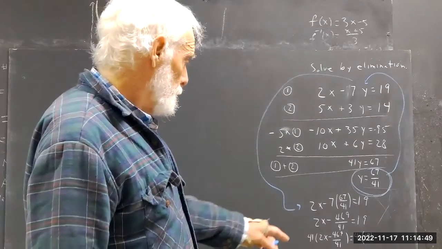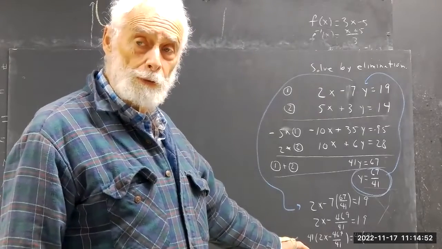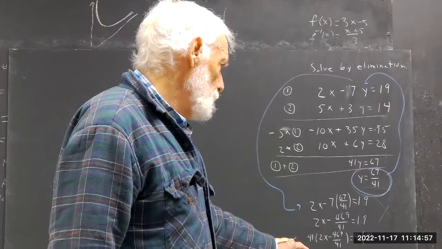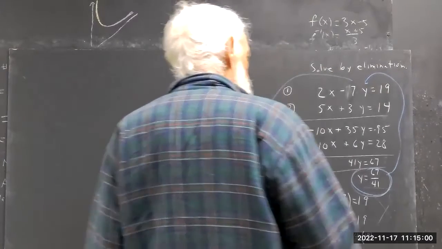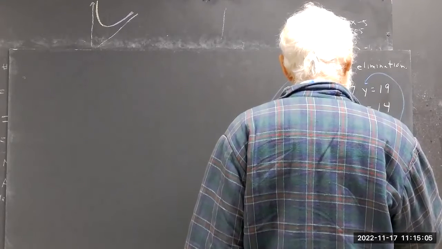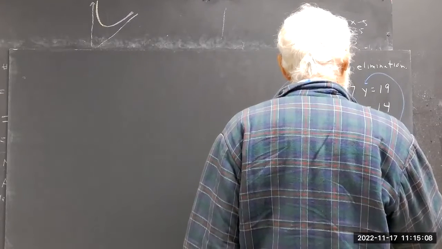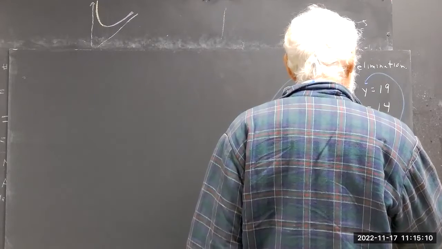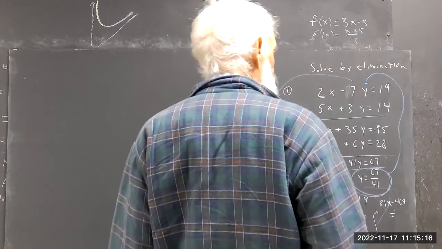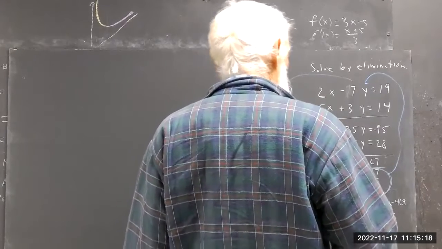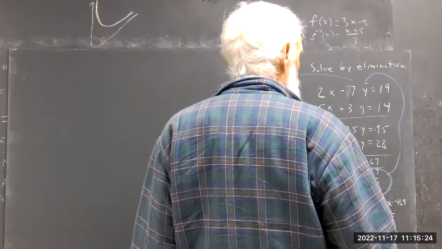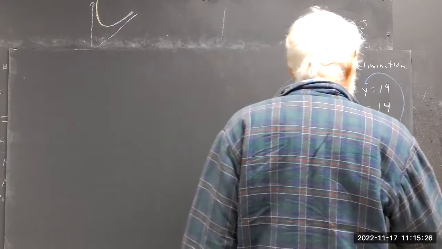I think my brain's in fairly good shape, but I don't want to test it by doing those multiplications. So what the heck, I'll do it. You're going to get 81x minus 469. That's going to be equal to 41 times 19. Now 41 times 20 is 820. You subtract 41, you get 779.